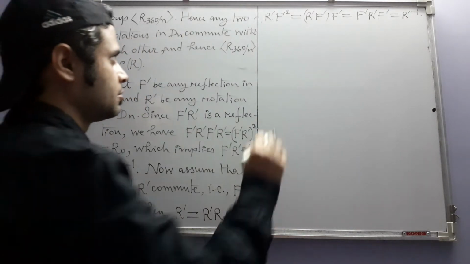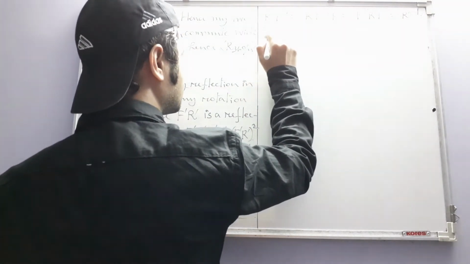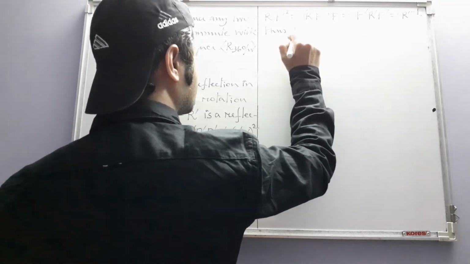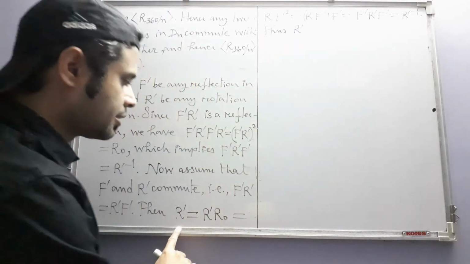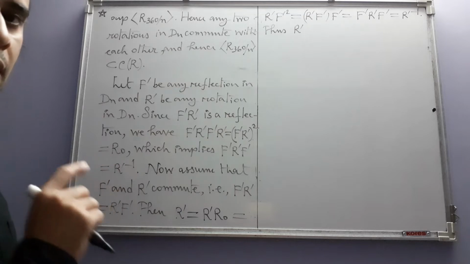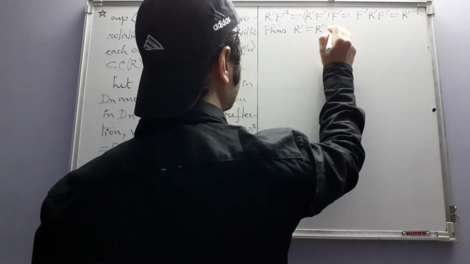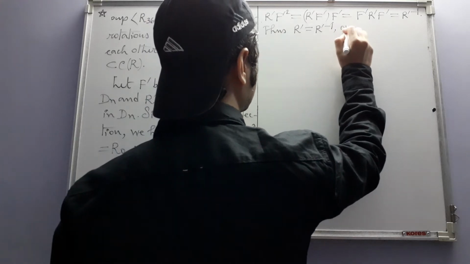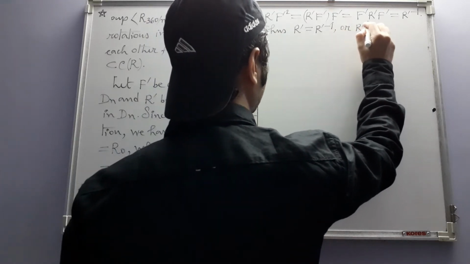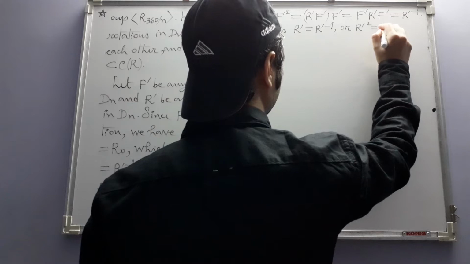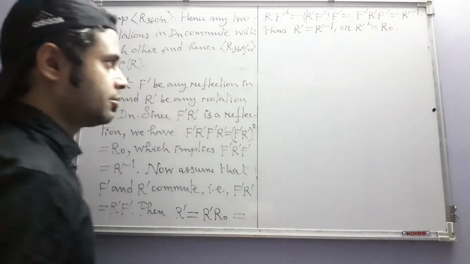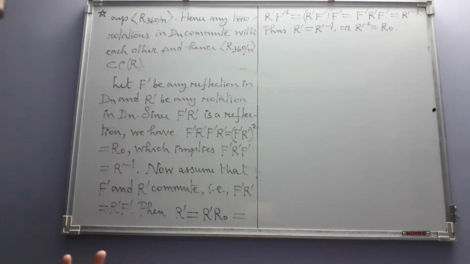Thus we started with R prime and we ended with R prime inverse, or R prime square equal to identity. Identity in Dn is R naught, if you want, you can write E also, it does not matter.